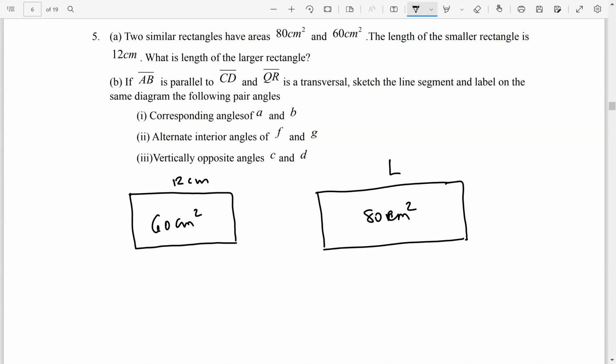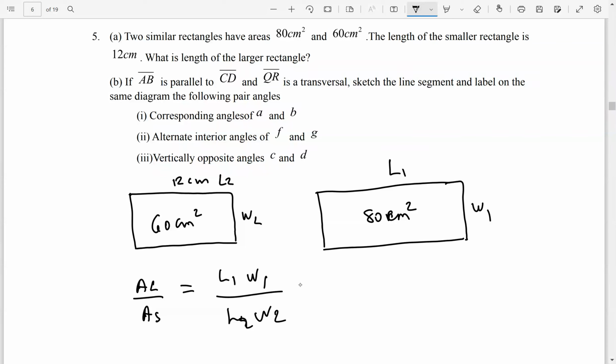Basically we know that if I take the area of the larger rectangle over the area of the small rectangle, this is the same as taking L1 times the width 1 over L2 times the width 2.